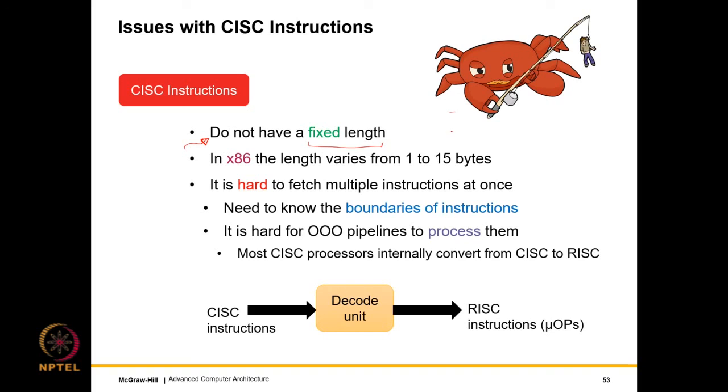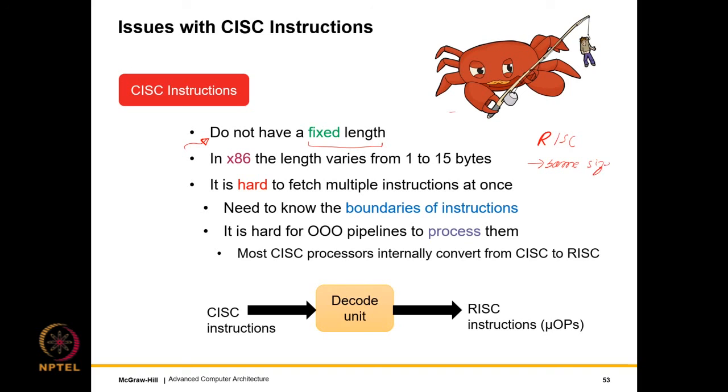So let's say if we were to read 32 bytes from the instruction cache, in the case of a RISC instruction set, it's very easy. So we know that every instruction is of the same size, right? So in a RISC ISA, we know that all instructions are of the same size, 4 bytes or 8 bytes.